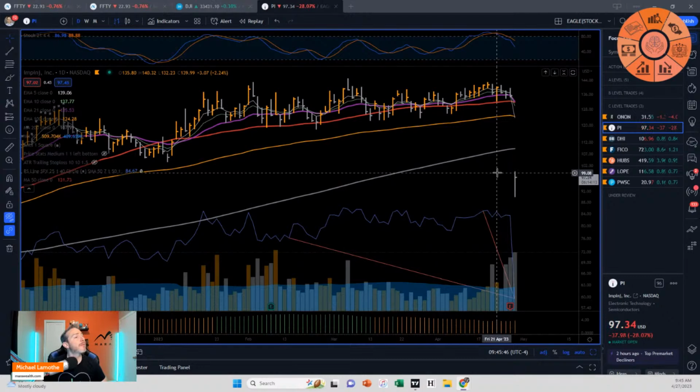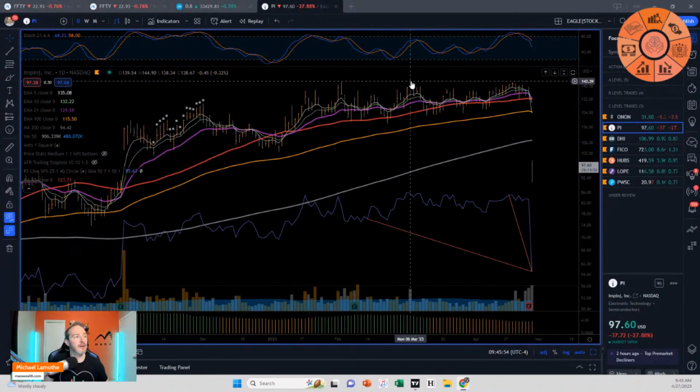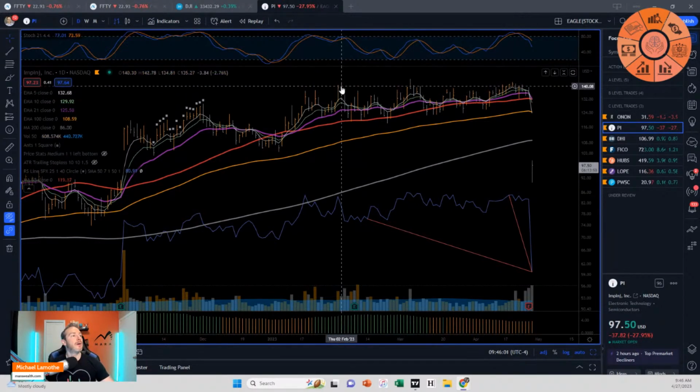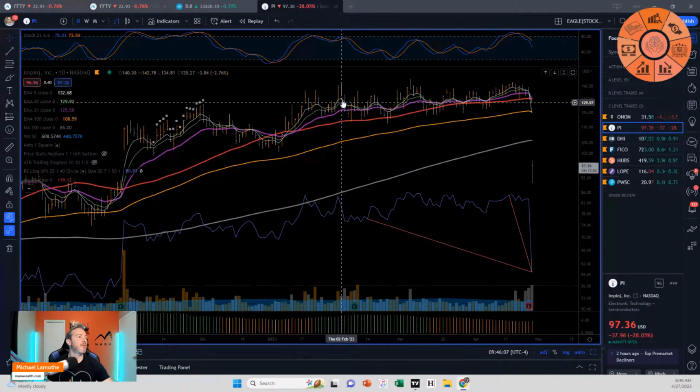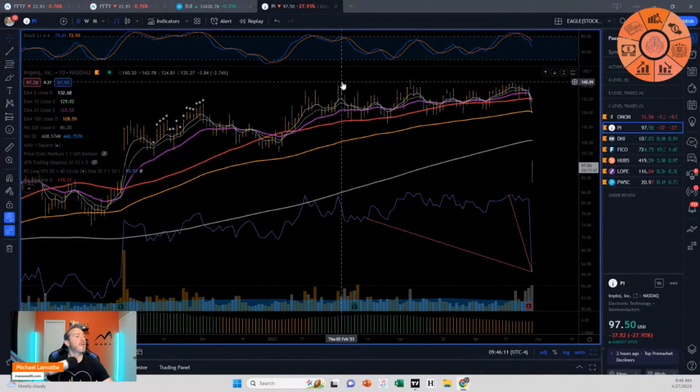Personally, I don't see a short setup here. I see some weakness ahead of earnings. So if we come back over here, I'm trying to look around the camera that I've got in my face. Prices ran up, and when you start to see these spikes down in the price action as you're getting new highs, that shows people are selling into that strength.